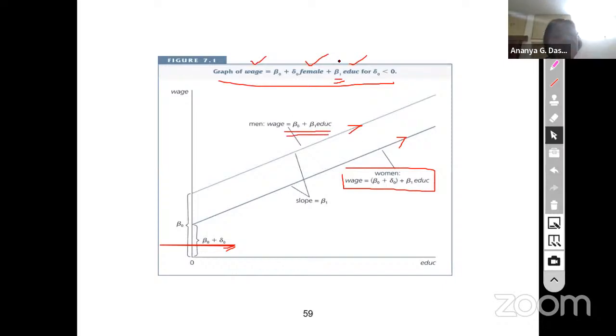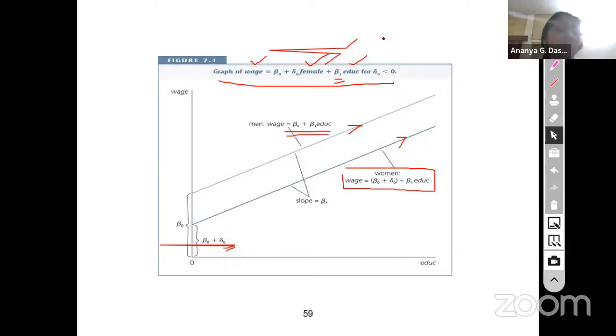All right. The left out group is known as the base group. So in this regression, male is the base group, whereas in the regression that I have run, female is the base group. But the basic point that I want you to get is when you have a model with a single dummy, it's also called an intercept dummy.